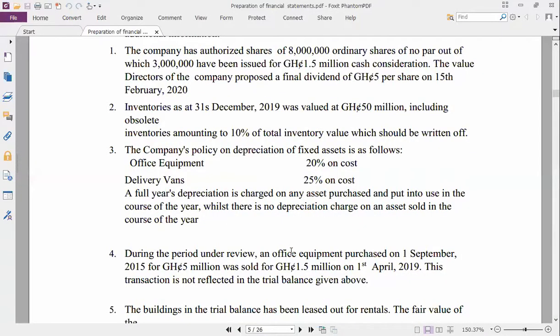Now they bought the asset in September 2015. It doesn't matter which month they acquired the asset, they still charge a full year of depreciation.